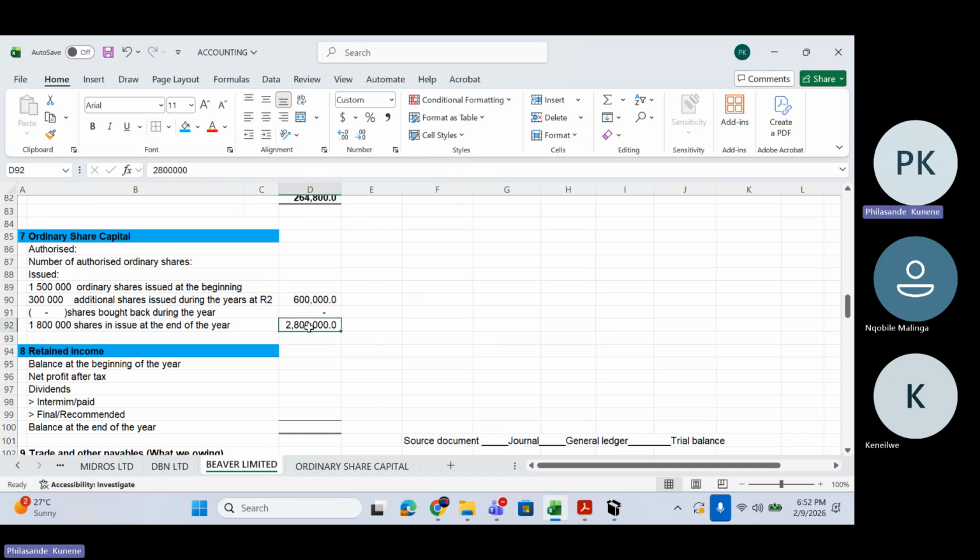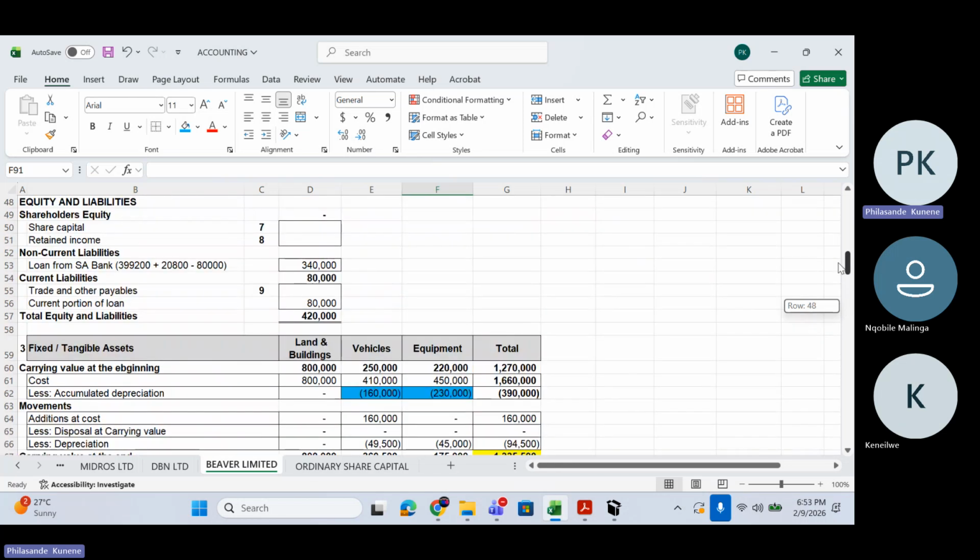Yes, 2,200,000, because we're taking this 2.8 million minus 600,000. So this is our ordinary share capital. We don't have a share buyback at this one, so it's not giving us trouble. But most of the ones that we're going to be doing when we're practicing are going to have share buyback. So 2,800,000 will be our share capital. That's supposed to be here.